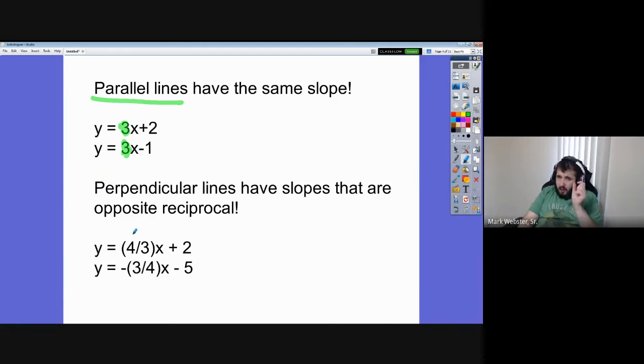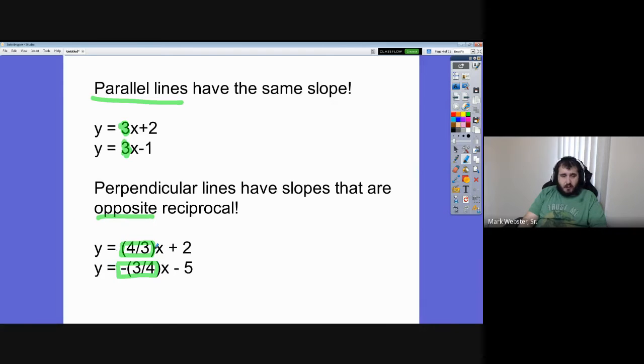Perpendicular is a little bit more complicated. Here we're not talking about the same, we're talking about a very specific relationship that they have. Opposite reciprocal, so this one here is 4/3, right? This one here is -3/4. Right, notice positive to negative because opposite.